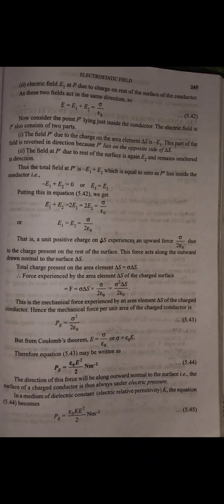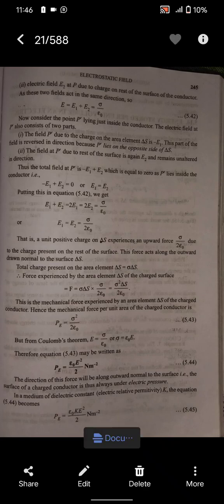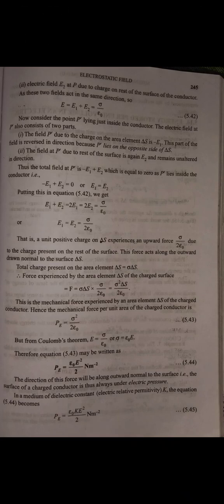But from Coulomb's theorem, E is equal to sigma upon epsilon naught or sigma is equal to epsilon naught E. Therefore, equation 5.43 may be written as Pe is equal to epsilon naught E square upon 2 Newton per meter square. The direction of this force will be along the outward normal to the surface. Hence, the surface of a charged conductor is thus always under electric pressure.